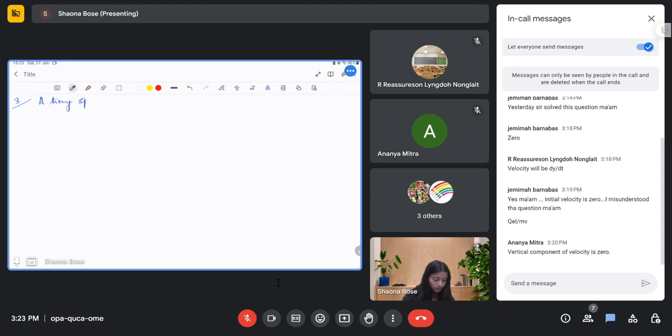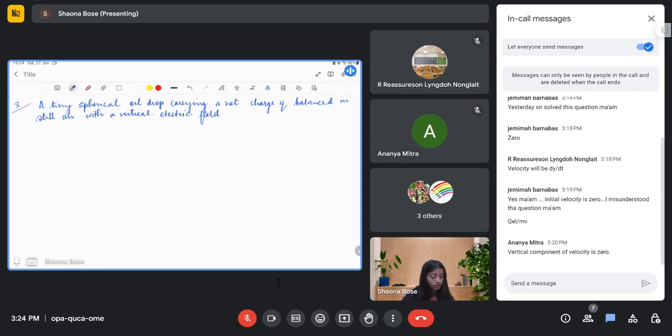You have a tiny spherical oil drop carrying a net charge Q, balanced in still air with a vertical electric field.